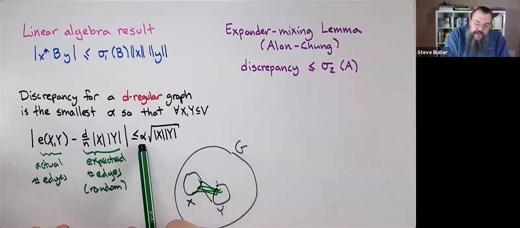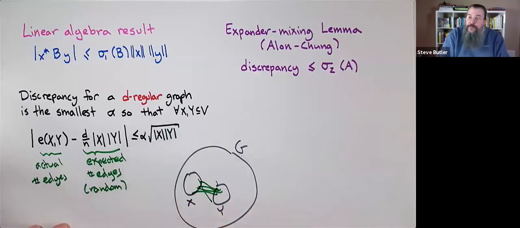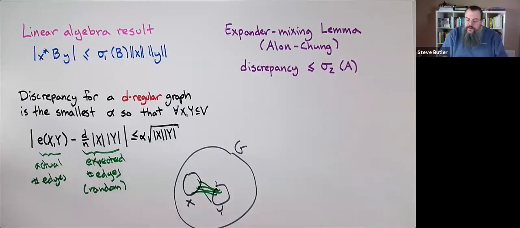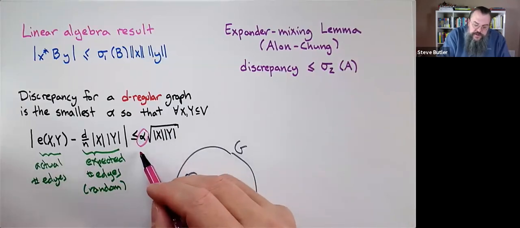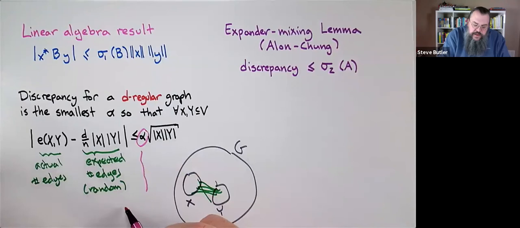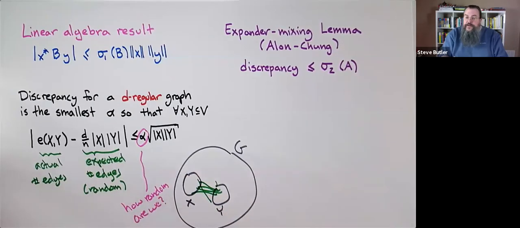So what we have is this parameter. This is a normalizing factor that we have to take into account just to make sure we don't get thrown off by strange small sets and so forth. So in essence, this parameter alpha, which is our discrepancy, is really saying how random are we? In other words, how random-like are we? So if we have a small value for alpha, well, that's great.